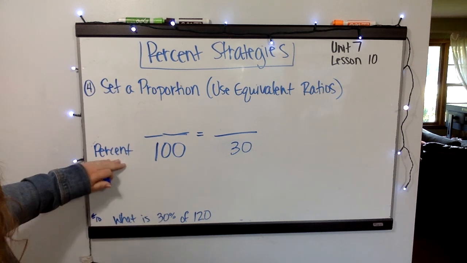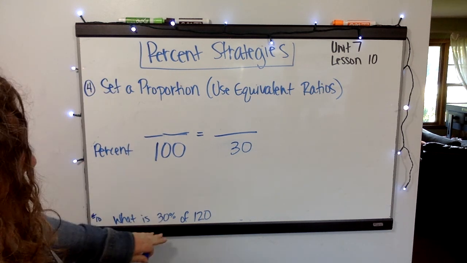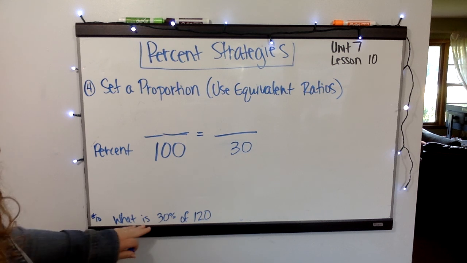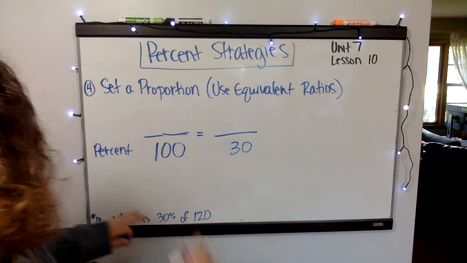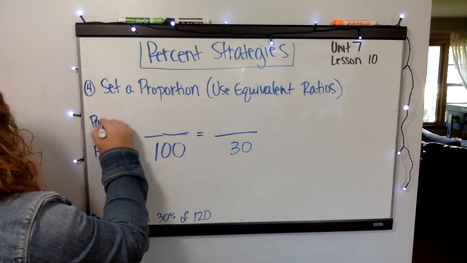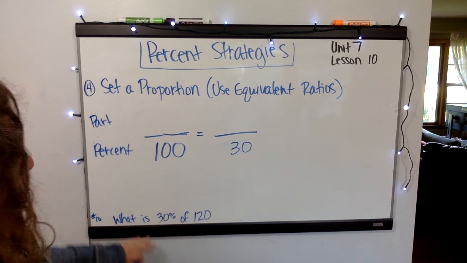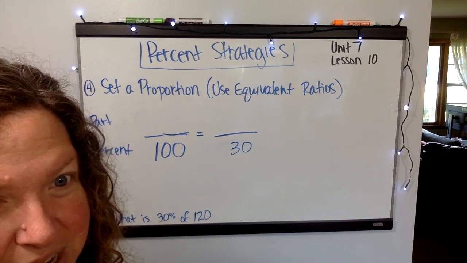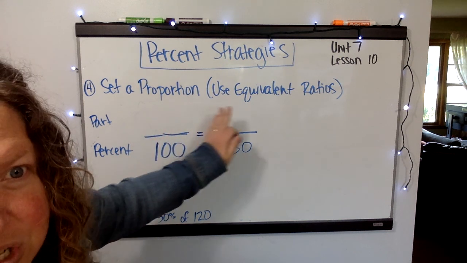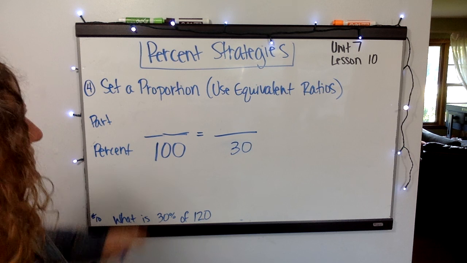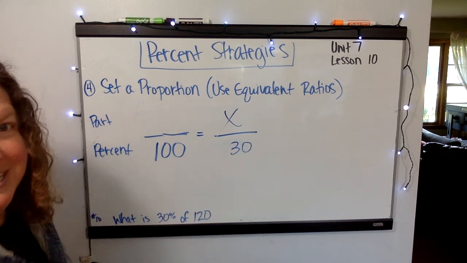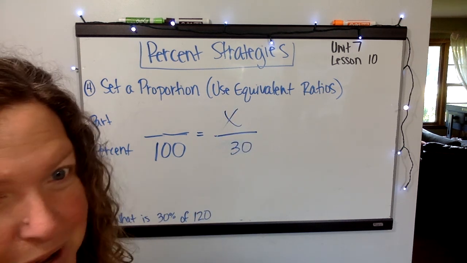So we've got the percent. 100%, 30%. What is 30%? We know we're looking for the part. What is 30%? Well, if we're doing the what is 30%, should that go with the 100 or should it go with the 30? It should go with the 30. What is 30%? That's a mystery number. What is? We don't know. We're looking for it.